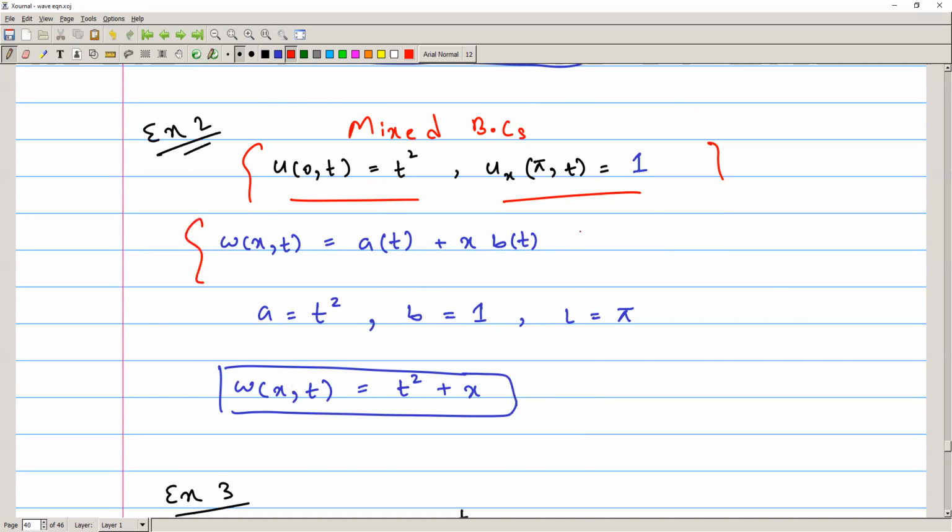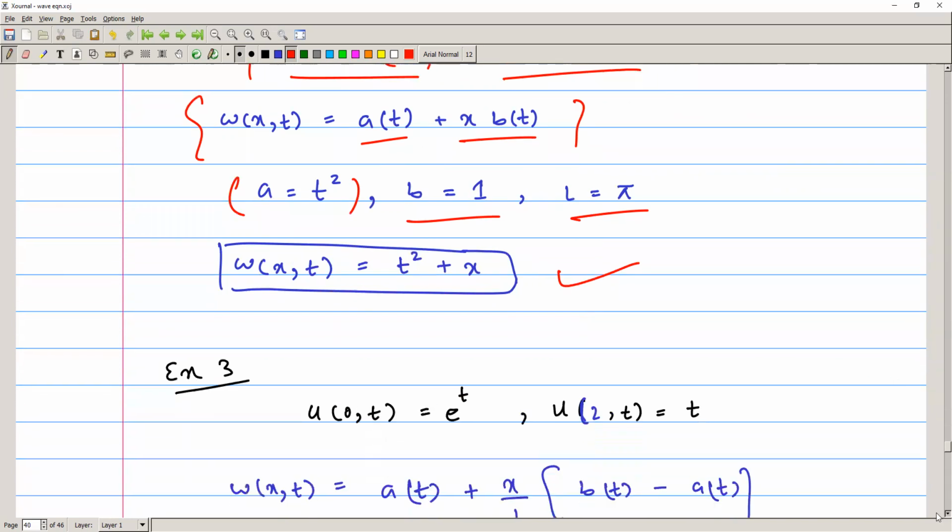Therefore, we use this formula to construct w(x, t), that is a(t) plus x times b(t). Here a is t squared and b is equal to 1, L is equal to pi, so w(x, t) is equal to t squared plus x. So this is the solution for w(x, t) for this specific boundary condition.